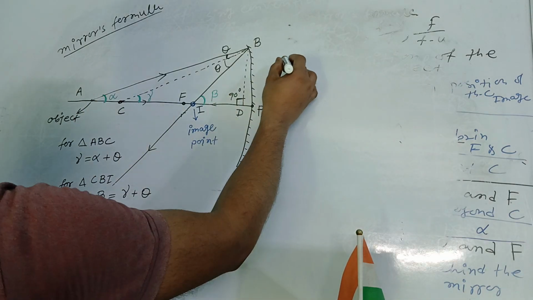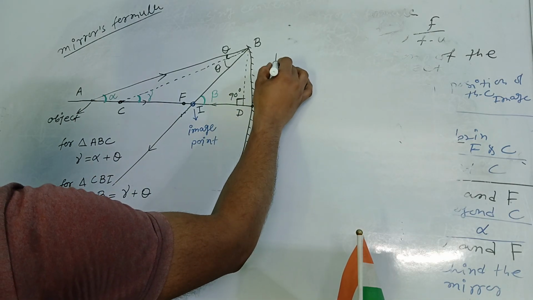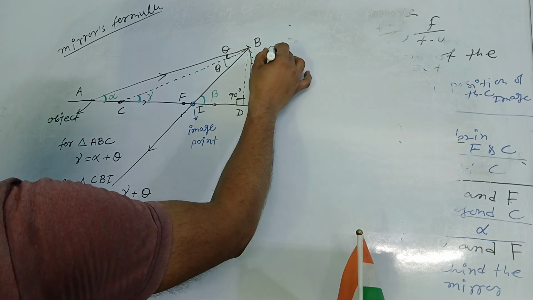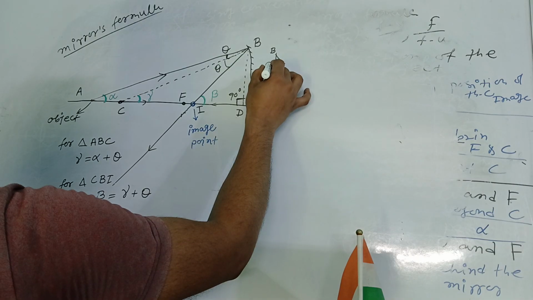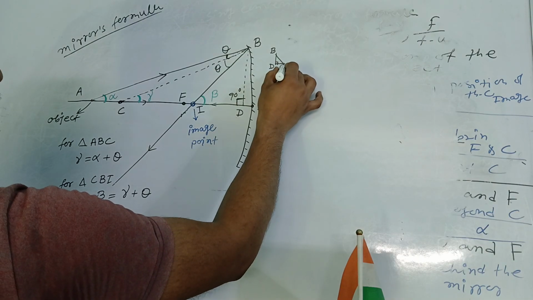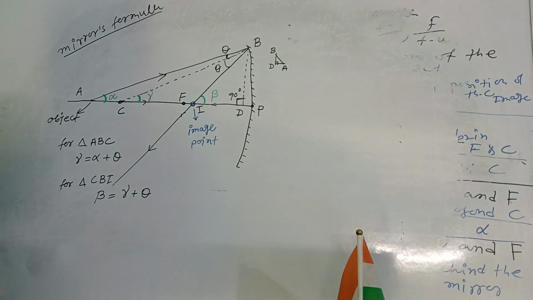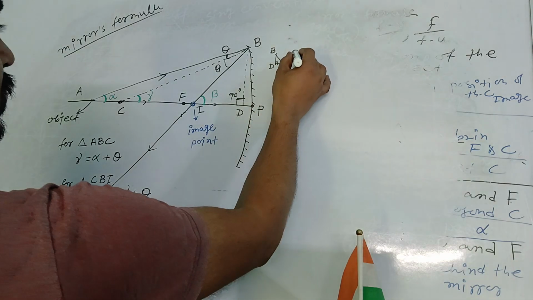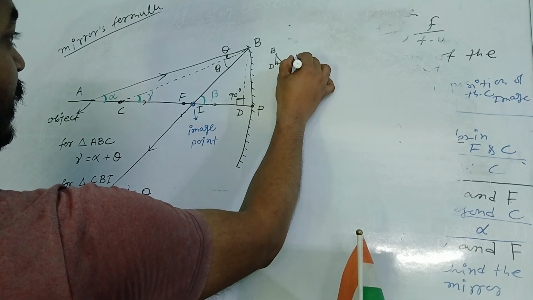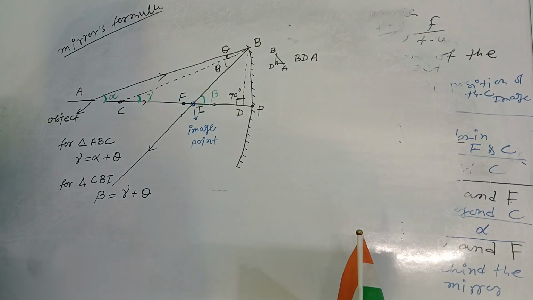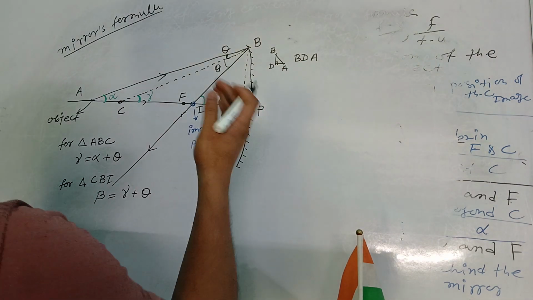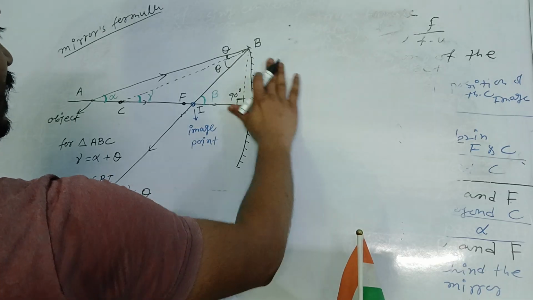So the triangle is B, D and A. From triangle BDA, D is 90 degrees.